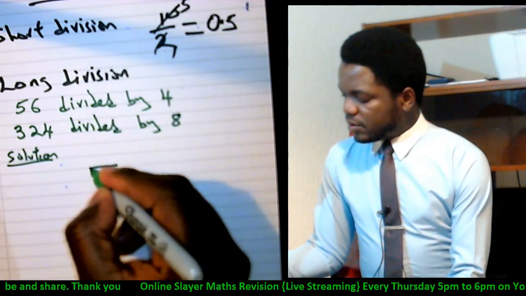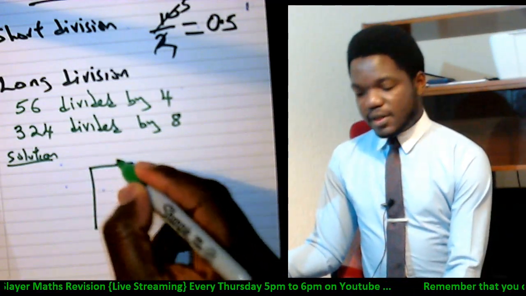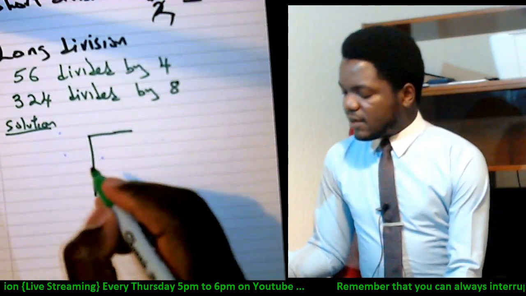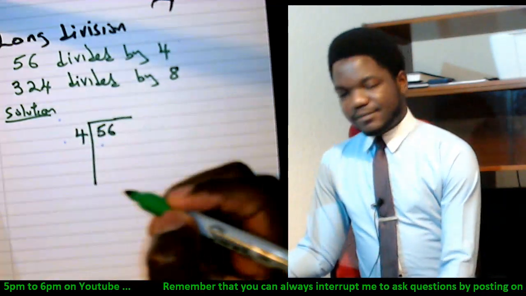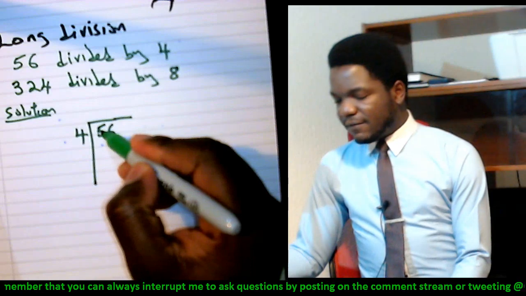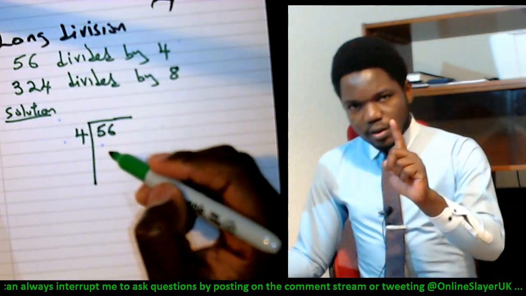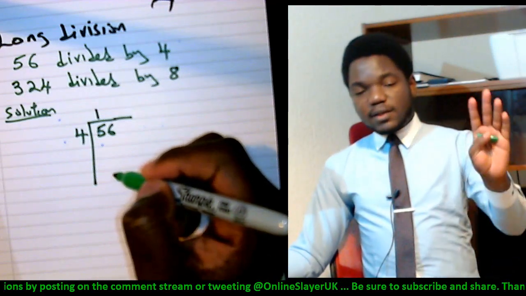If you're told to do 56 divided by 4, your answer is going to come up here, but you start writing here: 56 and 4. Then you do this. How many 4s can I find in 5? 1. So you write 1. Don't do anything else. That's enough.